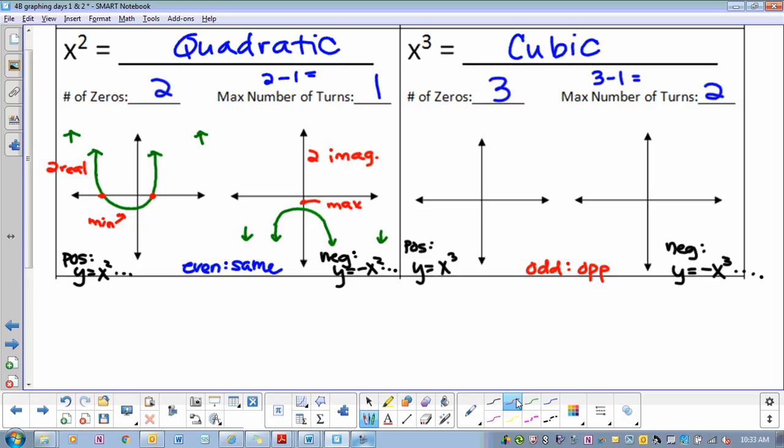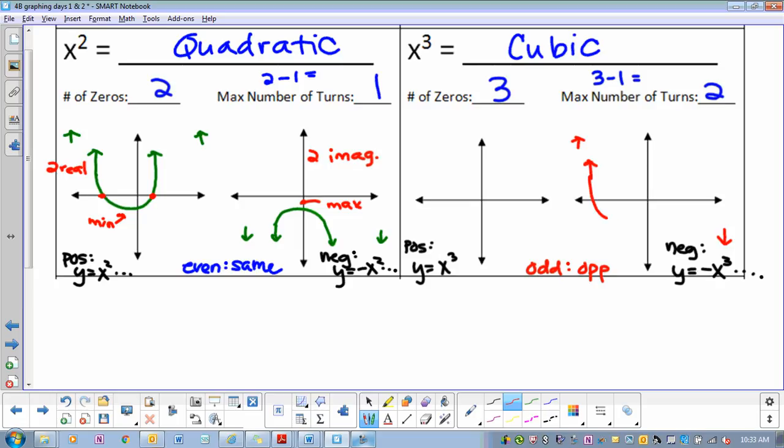So if I have a negative, that means my right one is going down. Since it's odd, Sabrina told us that it is opposite. That means my left one has to go how? Up. Thank you, Kevin. Maximum number of turns is 2, so it could have 2 turns. All right. So this one's up.